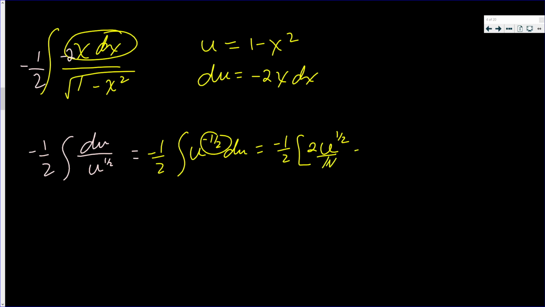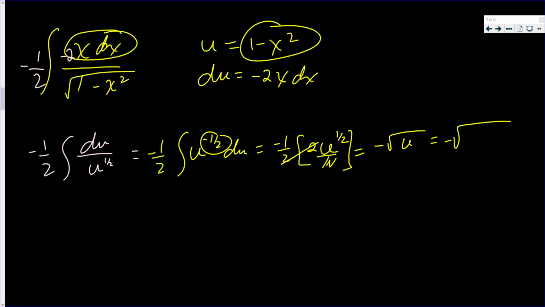Dividing by 1 over 2 is multiplying by 2, so the 2's cancel out, and you get negative square root of u plus c. And just substitute in where u was. Don't forget plus c. Okay, so this one, it looked like a trig integral, but it didn't turn out to be one.